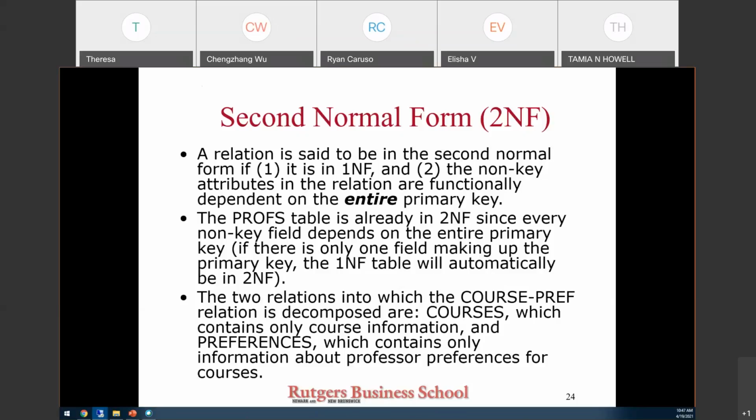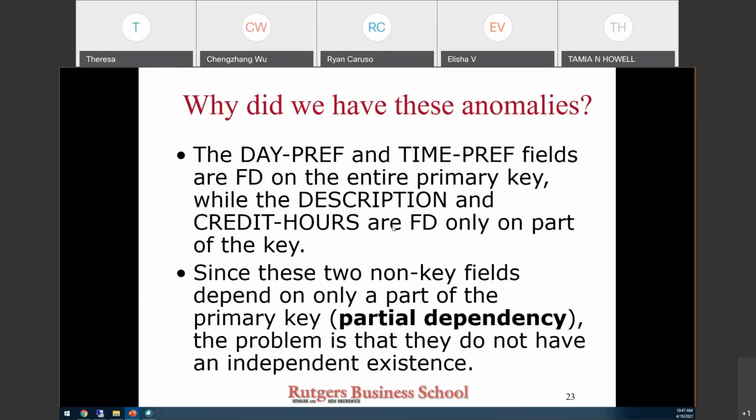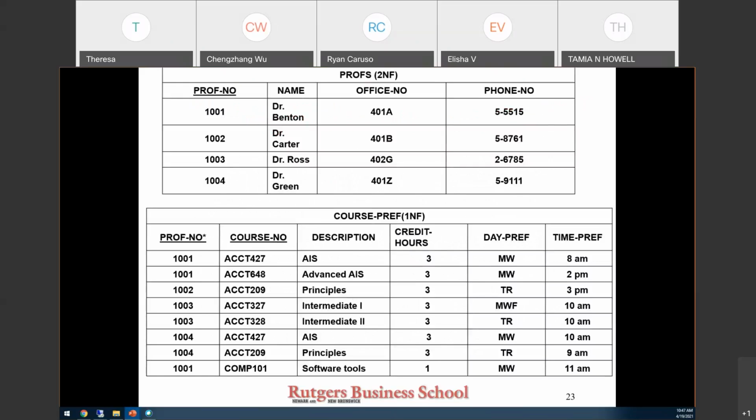So if you look at the professor table, I mean the first table on this slide, the name, office number, and phone number fields are all functionally dependent on the professor number primary key.